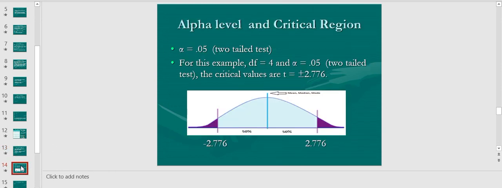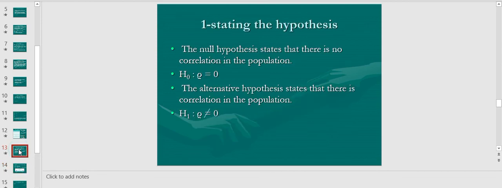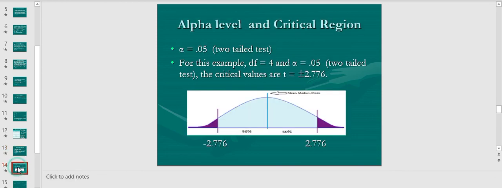Now in the second step we are selecting the alpha level and locating the critical region. Alpha level is 0.05 and both hypotheses are non-directional. That's why we will use a two-tailed test.